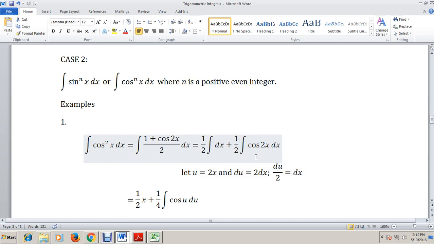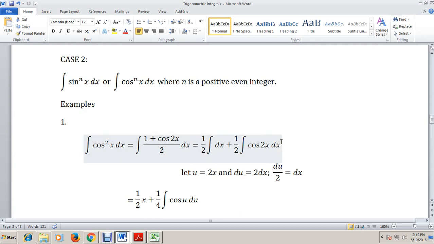As for the second part of the integrand, we can represent 2x as u, since 2x represents the angle for cosine. So we let u equal to 2x. du would be 2 dx. Solving for dx, we have du over 2. Now, replacing cosine 2x with cosine u and dx with du over 2, we have a constant 1/2 that appears in the integrand.